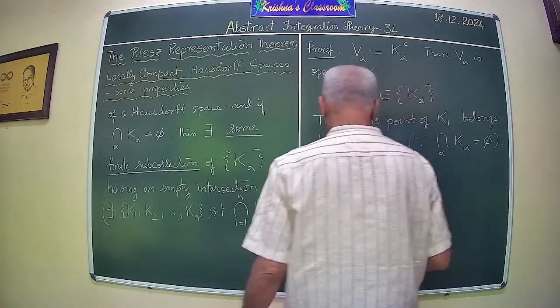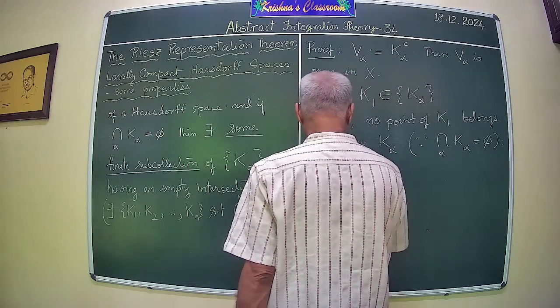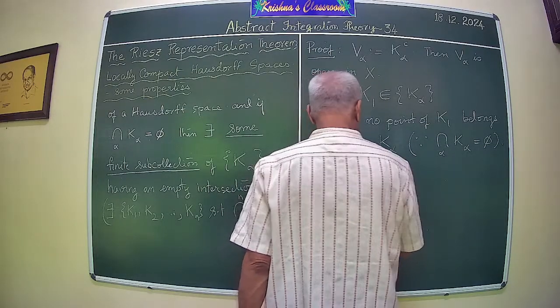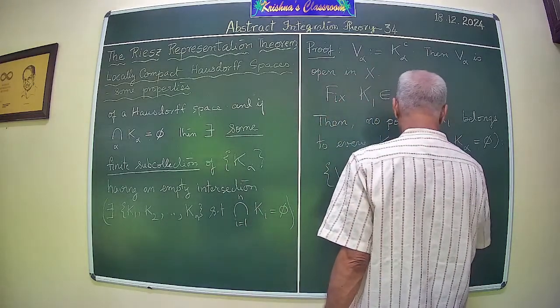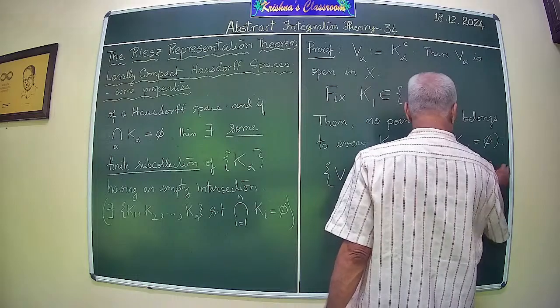So now take V alpha. V alpha is an open cover for K1.